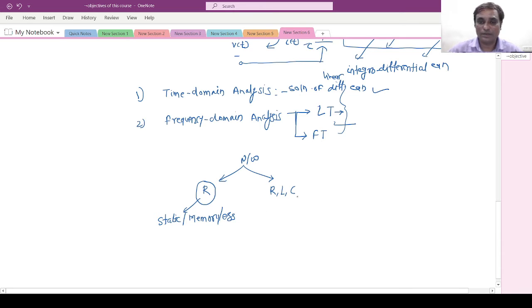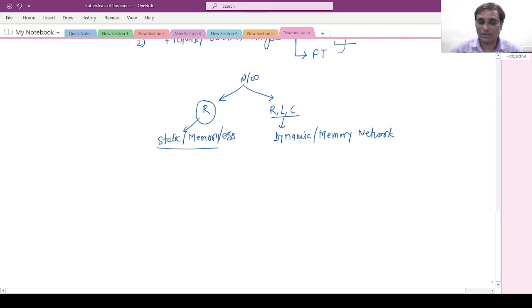And if the network consists of resistors, inductors and capacitors, then that kind of network will be a dynamic network or memory network. Once I know it is a static network, I know how to solve it using simultaneous equations, or I can use Cramer's rule. And if it is dynamic, then I have to go for the solution of linear differential equations, or again the Laplace transform approach.